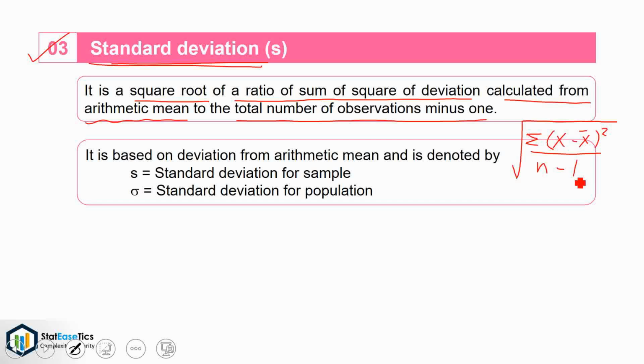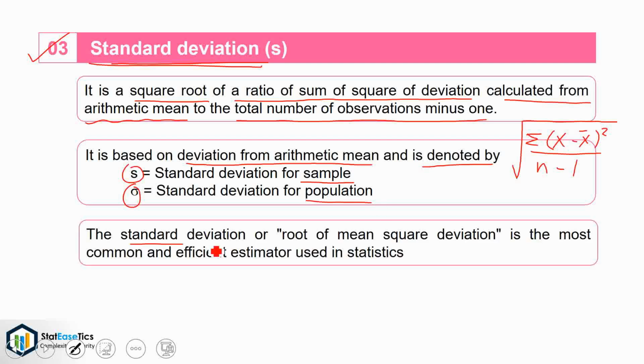It is based on deviation from the arithmetic mean and is denoted by small s for sample and sigma for population. The standard deviation or root mean square deviation is the most common and efficient estimator used in statistics.